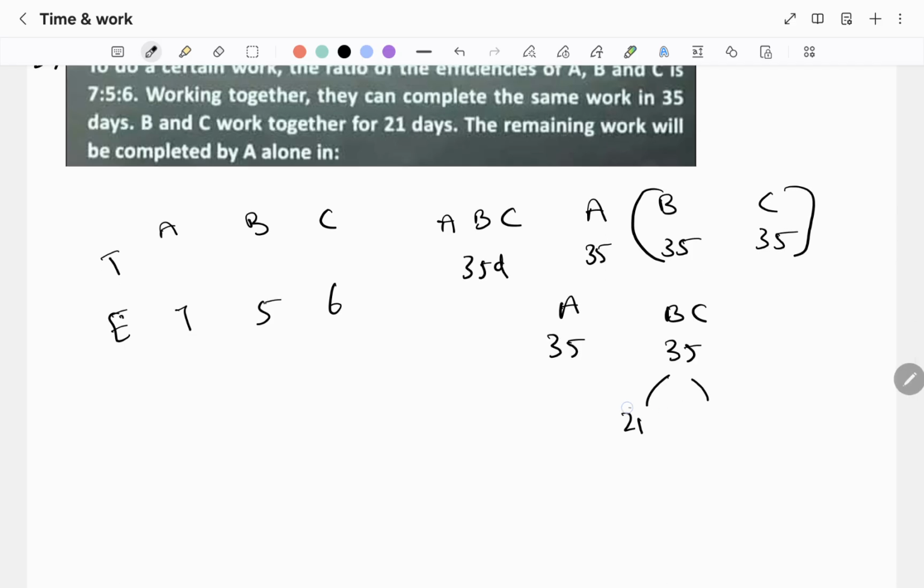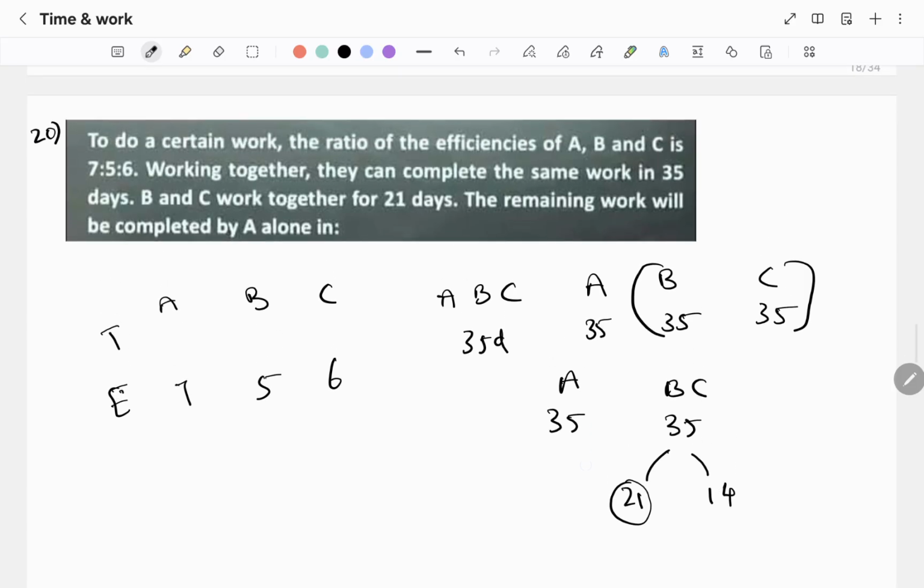So if they work 21 days, the remaining is 14 days. This 14 days of work, who has to do it? A has to do it.